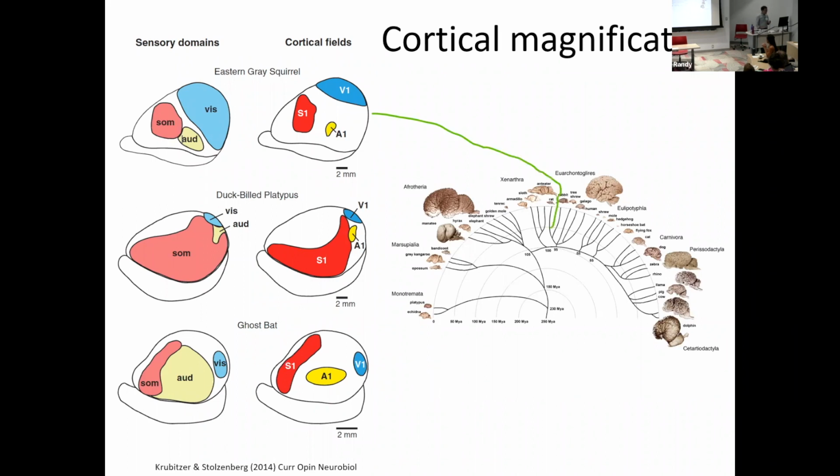The squirrel's brain is adapted to visually guided behavior, the duck-billed platypus very much emphasizes somatosensory processing, and the ghost bat, which is echolocating, is very much auditory. This is going to partly constrain the way each animal develops, learns, and behaves.